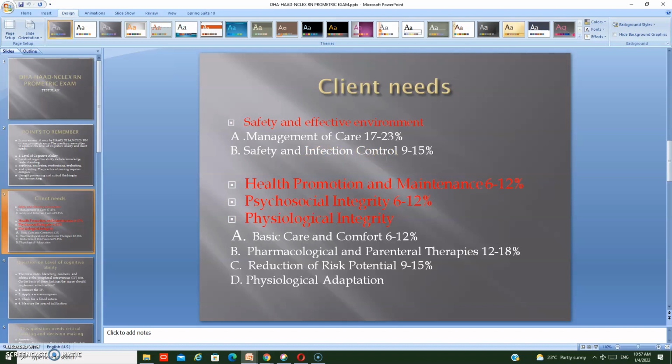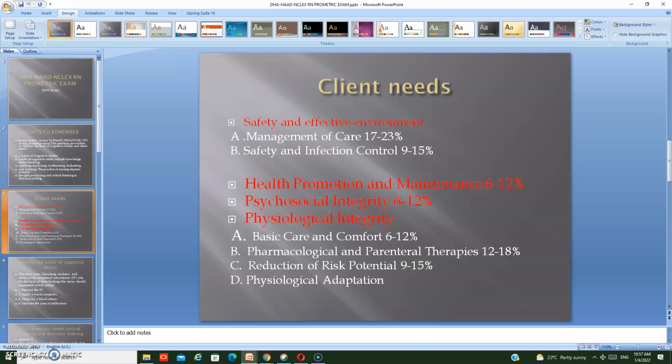Most of the questions in the NCLEX exam come from management of care and safety and infection control, because these criteria are made to protect the patient, to prevent any harm to the patient, or to protect healthcare providers. So we have to follow all these criteria.